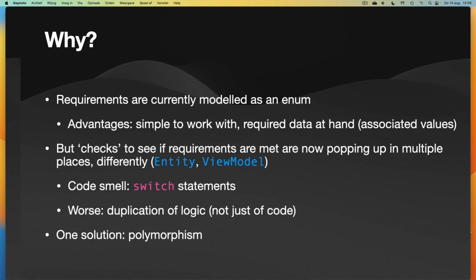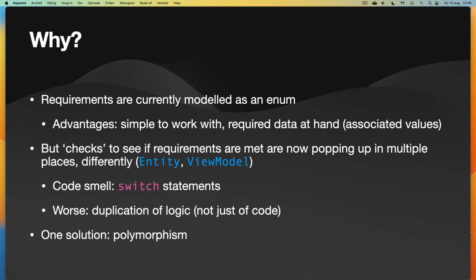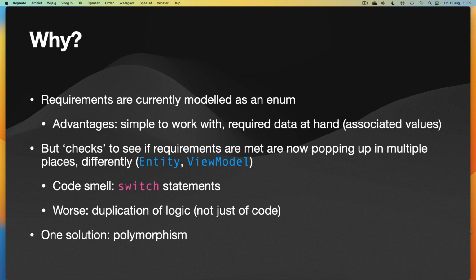However, it took some gnarly code to get there, and the reason for that is that we are currently modeling requirements as an enum. That was a logical choice because those are very simple to work with and they provide you the data you need at hand through associated values.